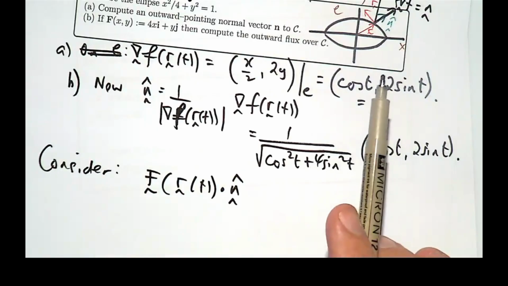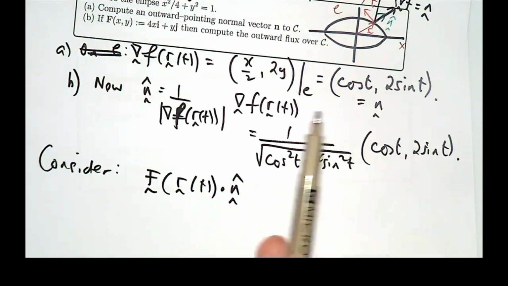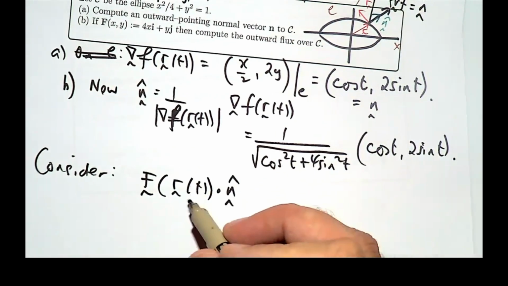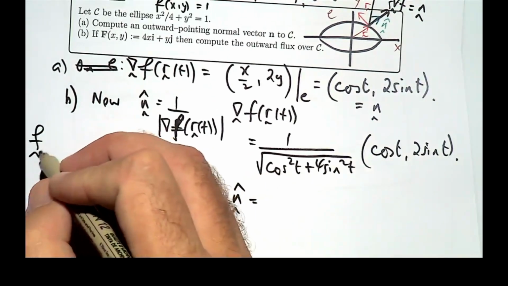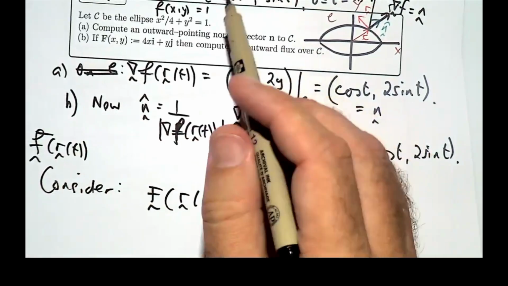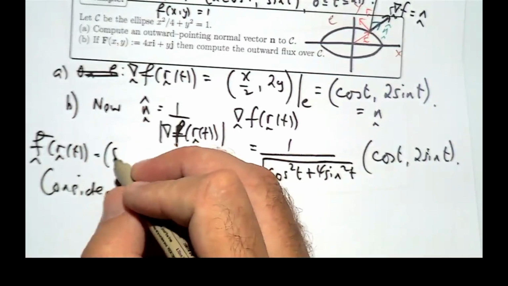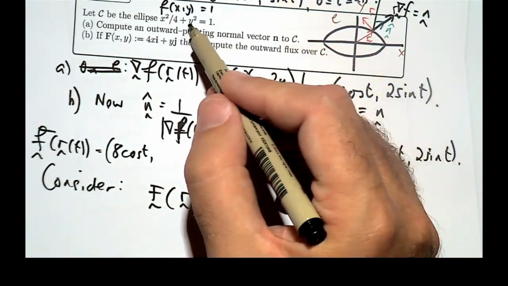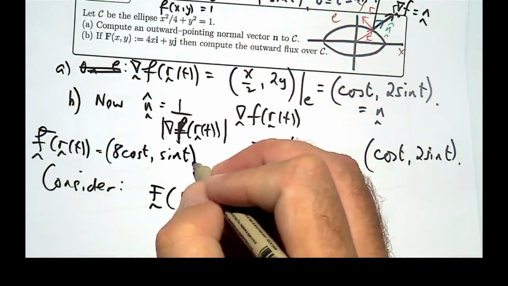So we've got this dotted with this. Oh, hang on, no. F of r of t. Okay, so x equals 2 cos t, so that's going to be 8 cos t i. y equals sin t, that's just sin t j.